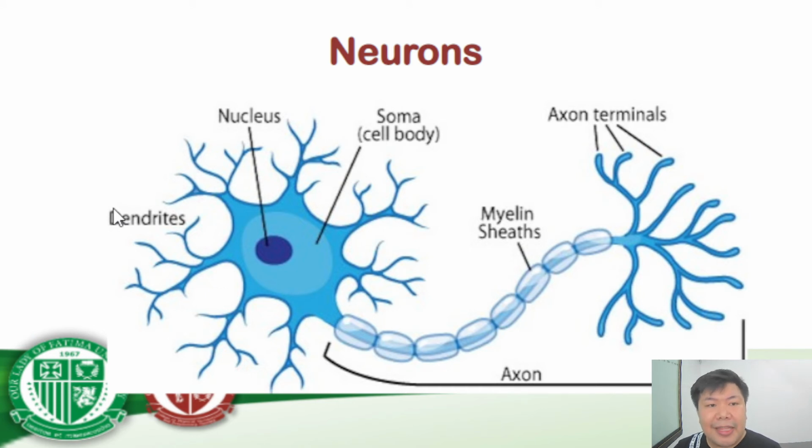So, ganun ang dendrites. It is the one that receives the stimulus, the signal, the action potential, the information from other neurons. Okay? And then, once ma-receive niya, dadalhin niya kay cell body para ma-interpret. And then, once ma-interpret ng cell body, the signal will go to the axon. Itong mahabang ito, no?